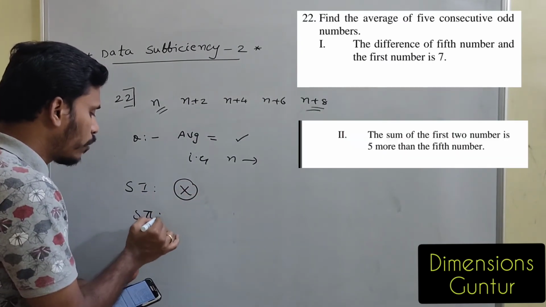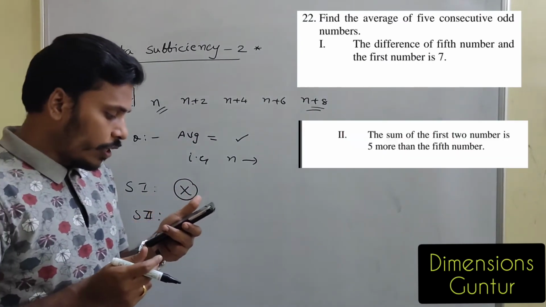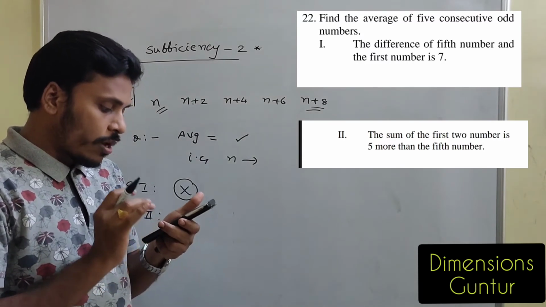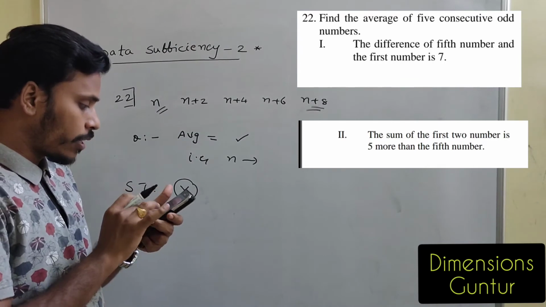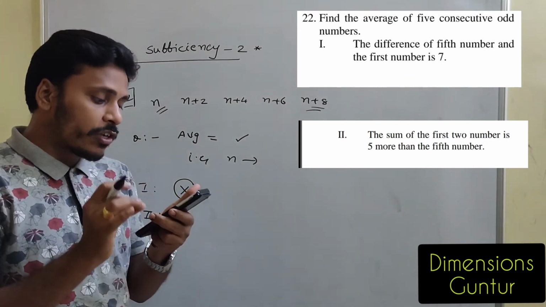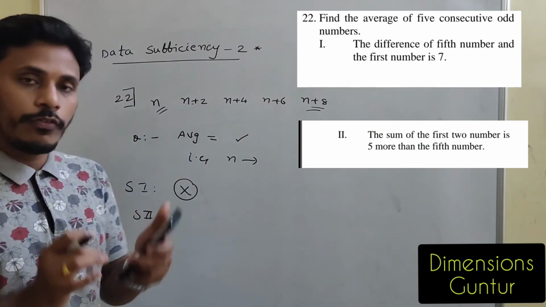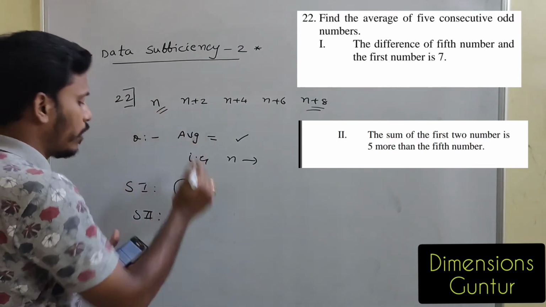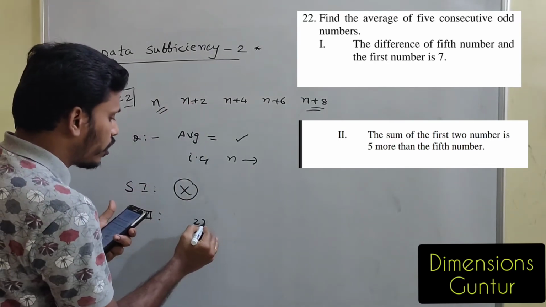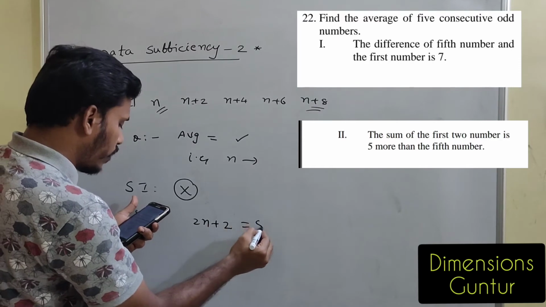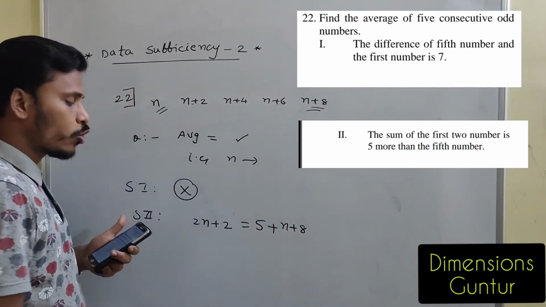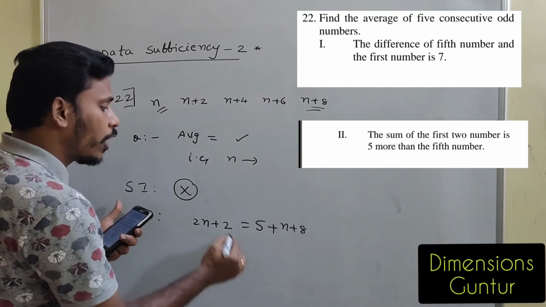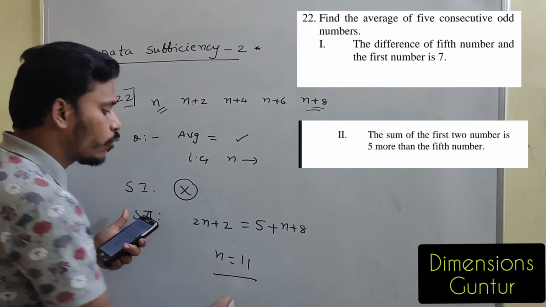Okay, so don't think about statement 1. Now we need to think about statement 2. The sum of the first 2 numbers is 5 more than the fifth number. The sum of the first 2 numbers, n plus n plus 2, is simply 2n plus 2. And this is 5 more than the fifth number, n plus 8. So from there, if you send n this side and 2 that side, you will get n equals 11.